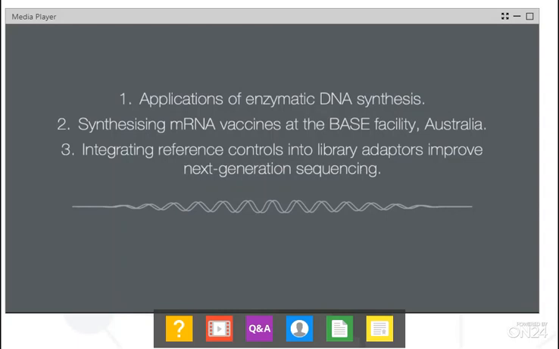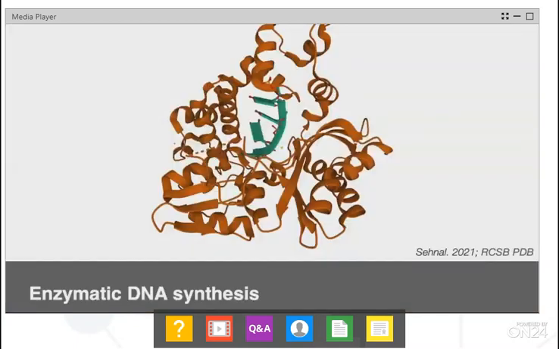I then want to describe how we plan on integrating these on-demand synthesis capabilities into our new mRNA manufacture facility being established at the University of Queensland. And then finally, in the second half of the talk, I want to describe how we've used enzymatic DNA synthesis to build control library adapters that improve the qualitative and quantitative accuracy of Oxford Nanopore sequencing.